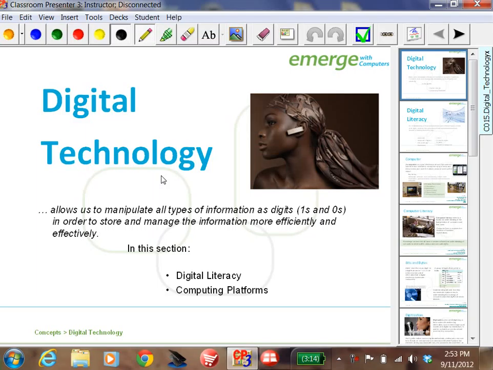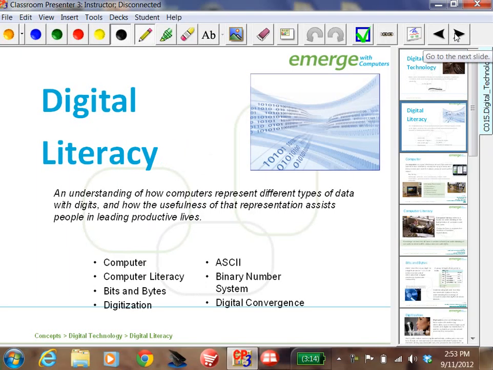I guess I've talked about digital literacy. What is digital literacy? It's an understanding of how computers represent different types of data with digits.